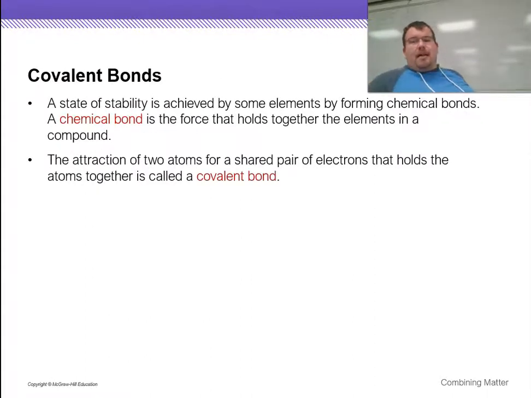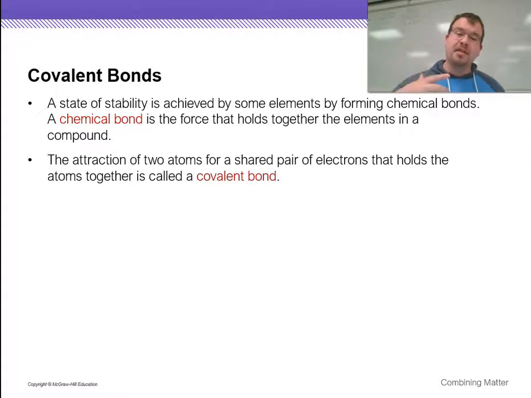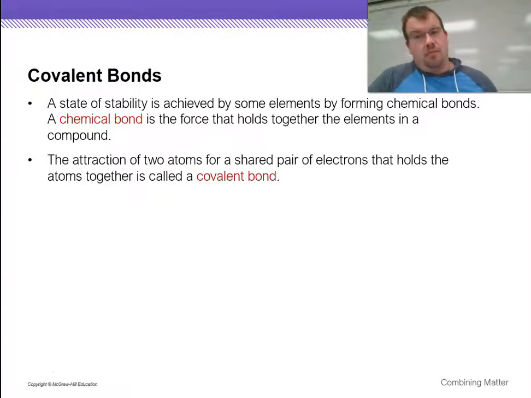Within combining these things, you're going to combine them in different ways. There are different types of bonds that form whenever you're combining atoms together. One big one is a covalent bond. A state of stability can be achieved from elements forming chemical bonds.